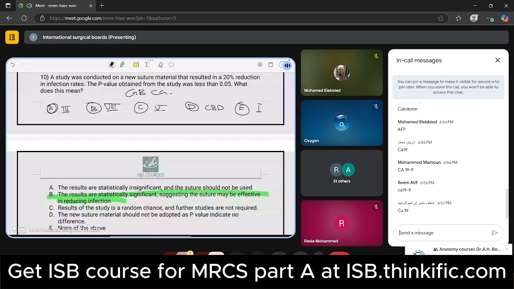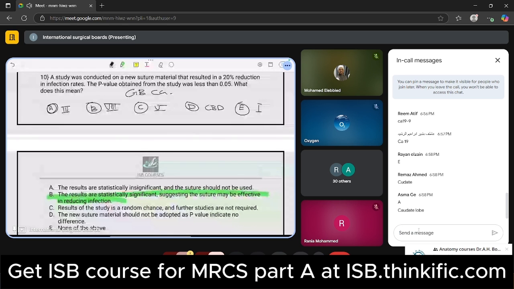First structure, you have to know the anatomy. Segment 1, which is what? The caudate lobe, which is posterosuperior. It's very far away from the gallbladder, so it's not the first segment. So option E is not correct.